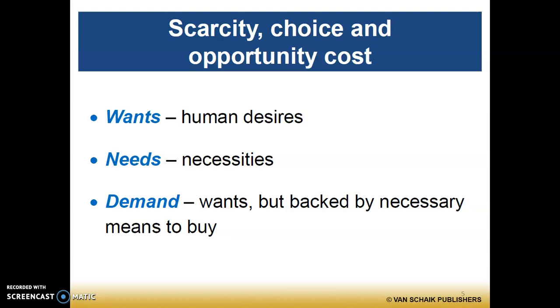Wants are human desires for goods and services, whereas needs are necessities, things that are essential for survival, such as food, water, shelter, and demand has to be backed up by purchasing power. In other words, there is a demand for a good or service only if those who want to purchase it have the necessary means to do so.